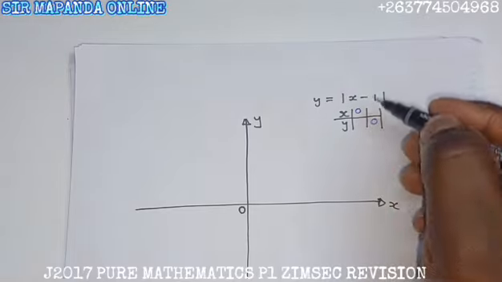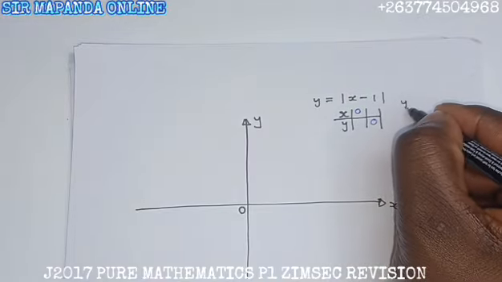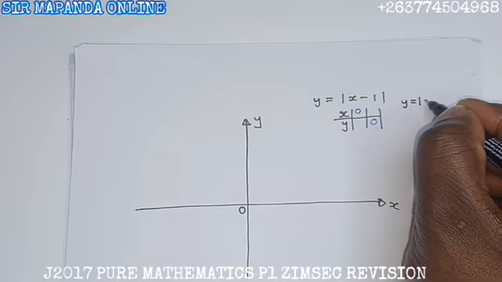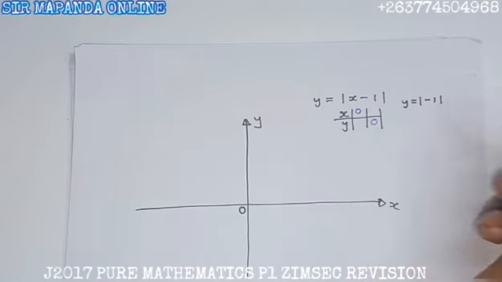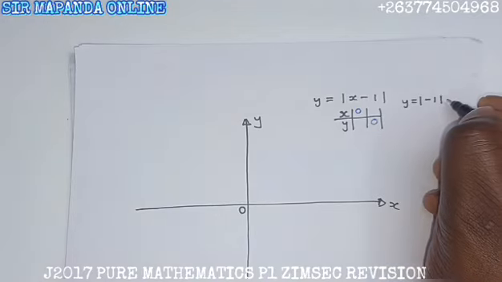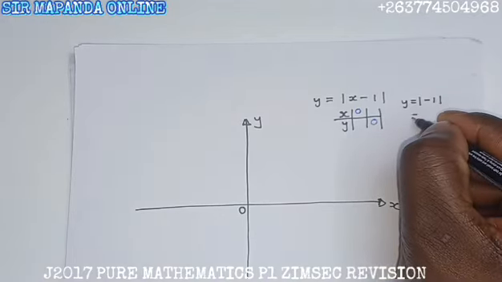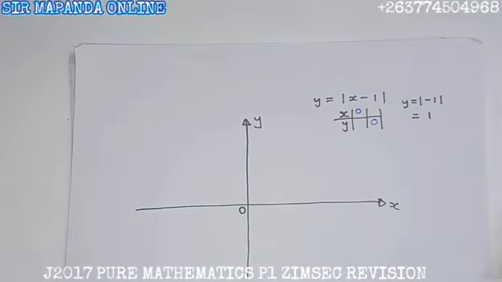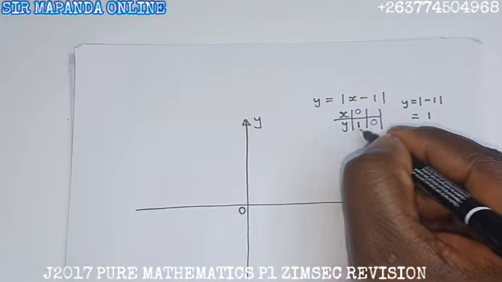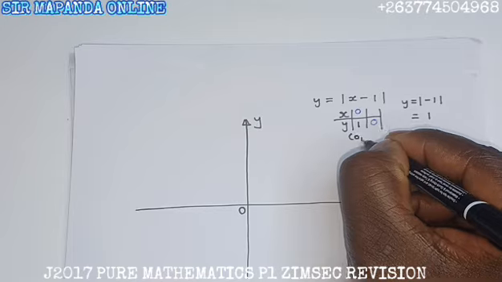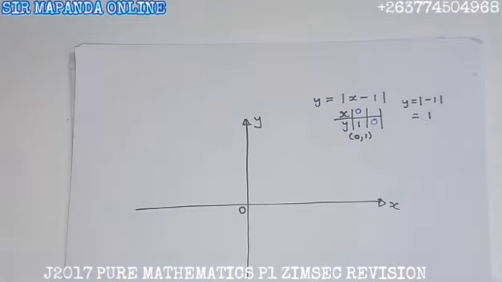So placing 0 on x, you get y equals modulus of minus 1. So a negative sign inside the modulus disappears. So modulus of minus 1 is as good as 1. So when x is 0, y is 1. So this is your first point.